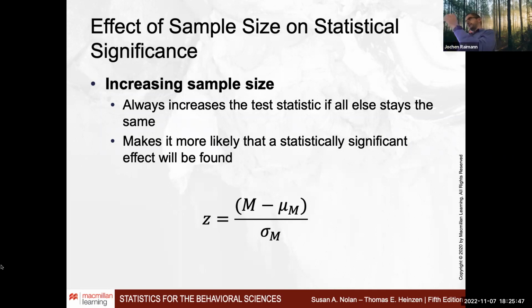So with a larger sample size, you get a more accurate estimate of your mean, and thereby you get a division by a smaller denominator, and as a consequence, you get a larger z. If the z is larger, you're more likely to reject your null hypothesis.